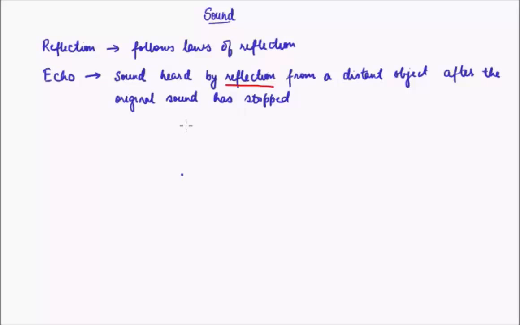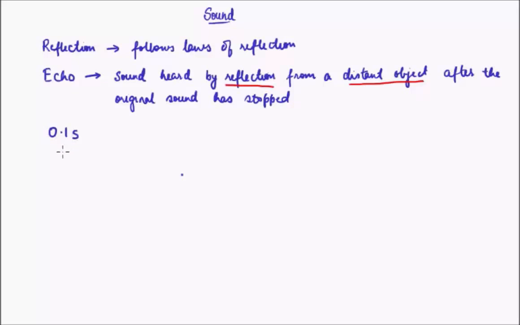So the point to note here is that echo is a result of reflection. Second, it is caused by the original sound but can be heard only after the original sound has stopped. We will talk about why it is so. And then it should be from a distant object. We will also talk about that. So to begin with, you need to know that the human ear can distinguish two sounds only when they are separated by a minimum of 0.1 second.